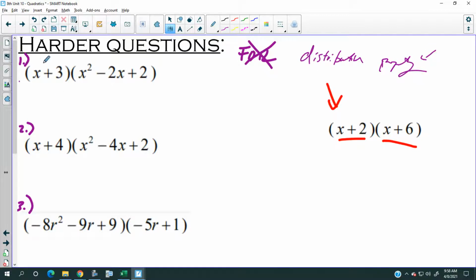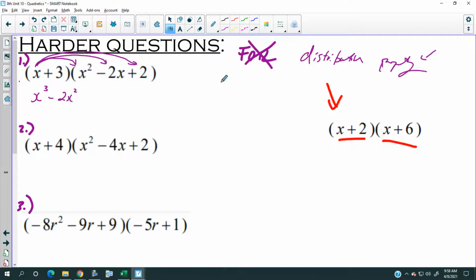Meaning this: take the term where x is, and start distributing to each of the terms inside the parentheses for the trinomial. Maybe I should write this out, actually. Maybe that will help you guys.